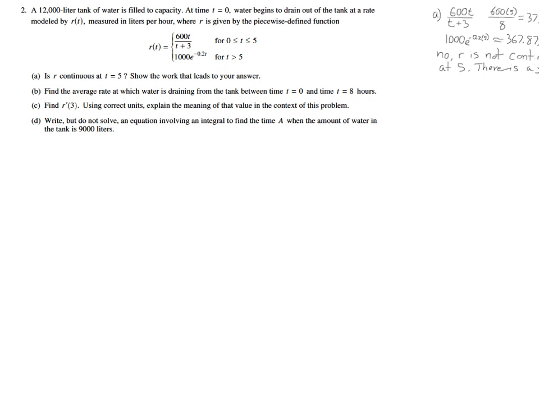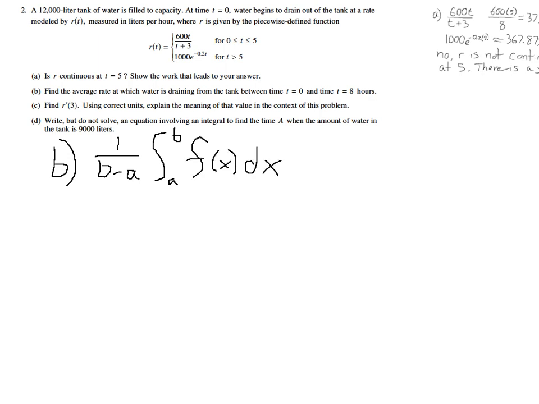So we need the average rate at which water is draining from the tank. For part B, hopefully you remember, the average value of a function from a to b is 1 over b minus a times the integral from a to b of your function f of x dx.